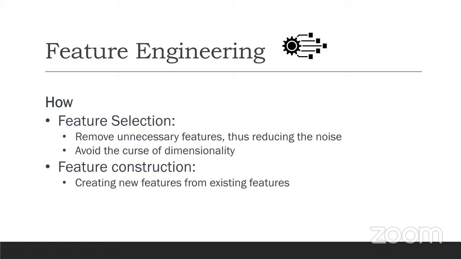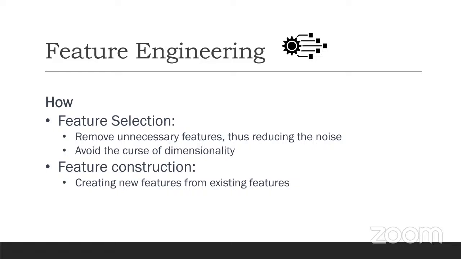Okay. So how do we do this? We do feature selection, as I mentioned earlier. You remove unnecessary features, unnecessary columns in this case, and therefore reduce noise, reduce unimportant data. So some data that is just in your model that is not useful takes up space in your model, and you don't want that.